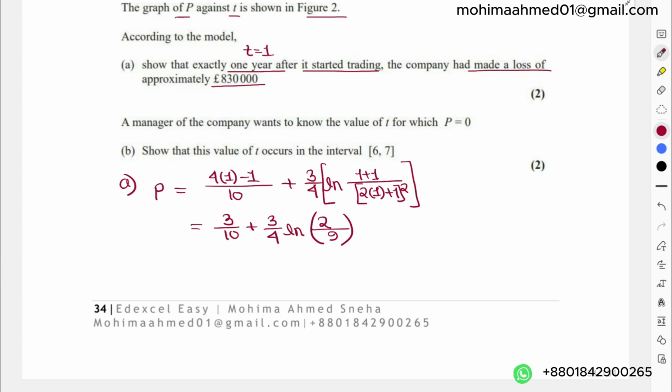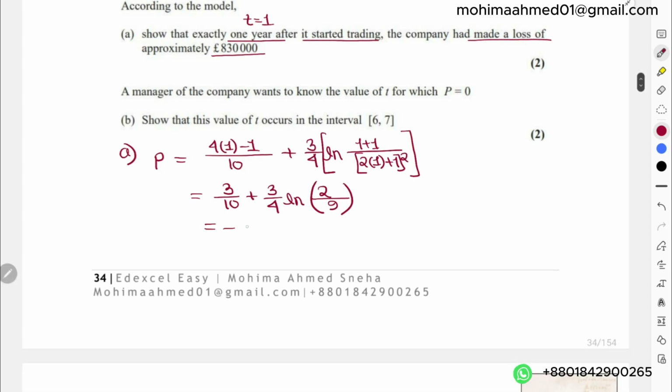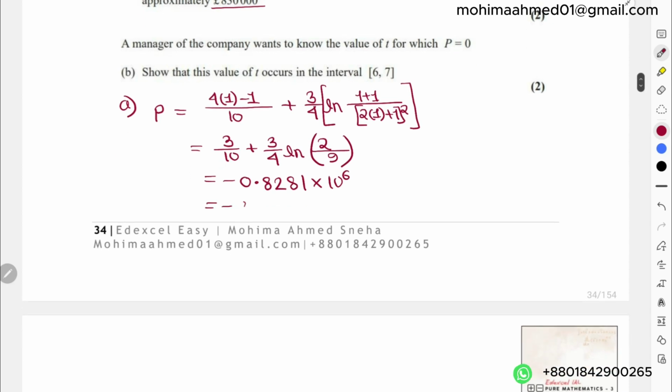3 over 10 plus 3 over 4 and ln of 2 over 9, and that actually gives you a negative value, negative 0.8281. If you multiply by 10 to the power of 6, you get your answer as negative 828,058, obviously in pounds.